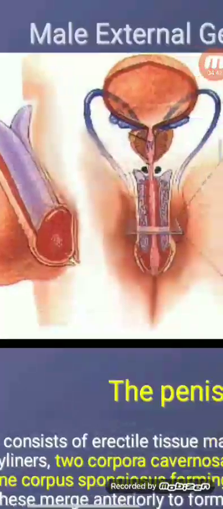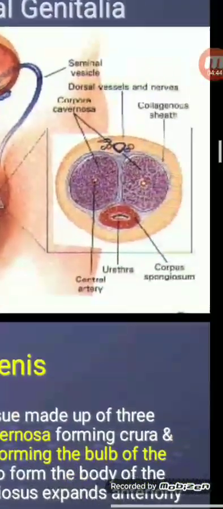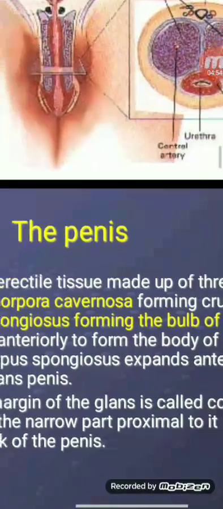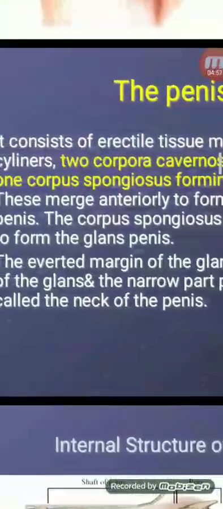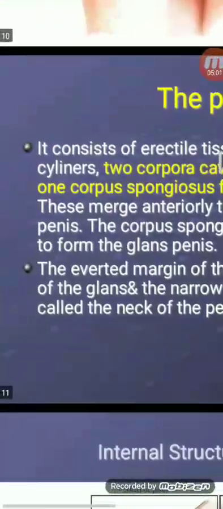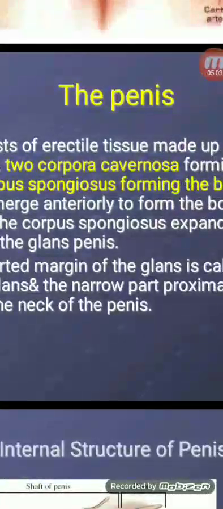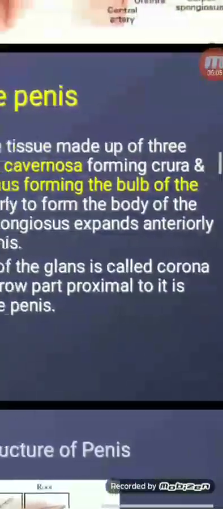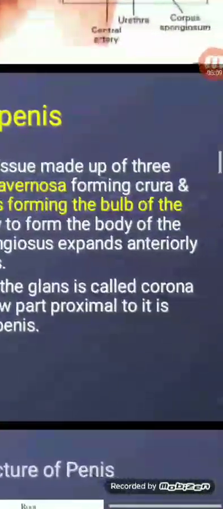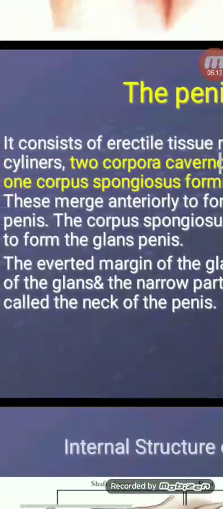Take a look at the male external genitalia, the corpora cavernosa, corpus spongiosum, which includes the urethra, and the 2 corpora cavernosa. The penis consists of erectile tissue made up of 3 cylinders, 2 corpora cavernosa forming crura, and 1 corpus spongiosum forming the bulb of the penis.